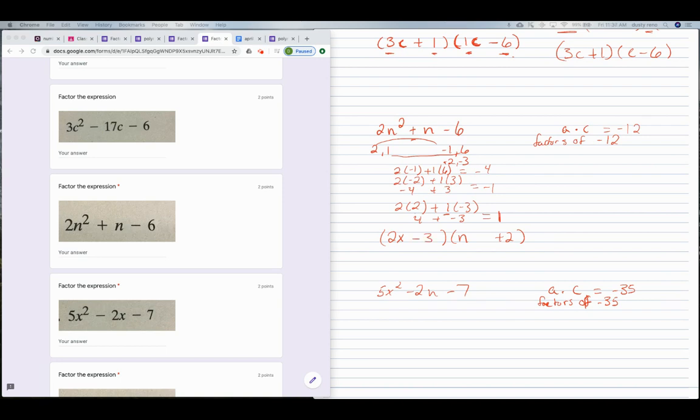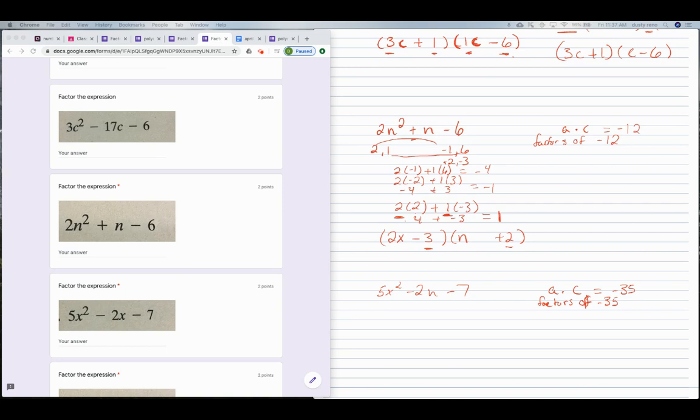So the 2 and the 3 are, sorry, not my coefficients. They are my constant terms in my binomials. And then the 2 and the 1 here, those are my coefficients in the first term of the binomial. Okay, so that would be that one solved.